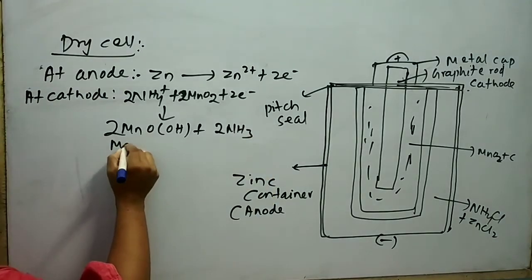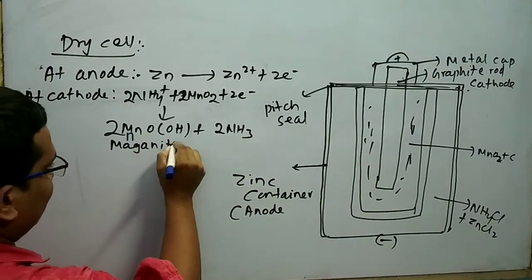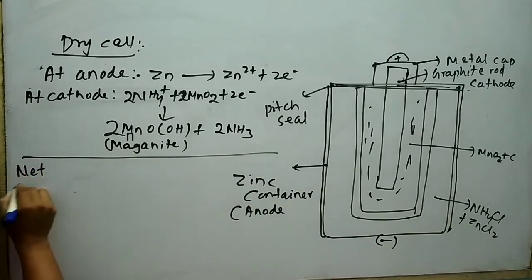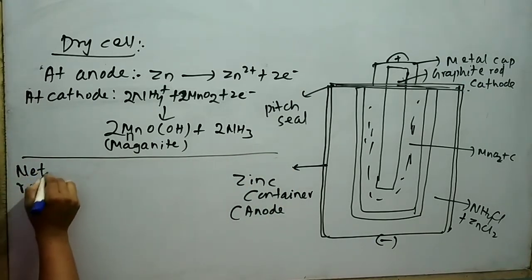The name of this compound is manganite. Now I can write the net cell reaction.